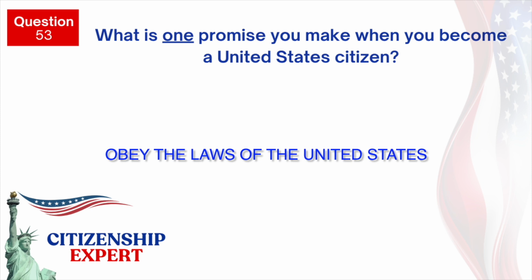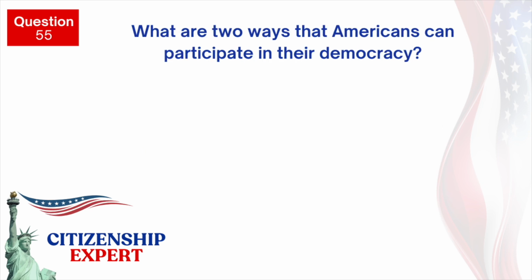Obey the laws of the United States. What are two ways that Americans can participate in their democracy? Vote. Join a political party.